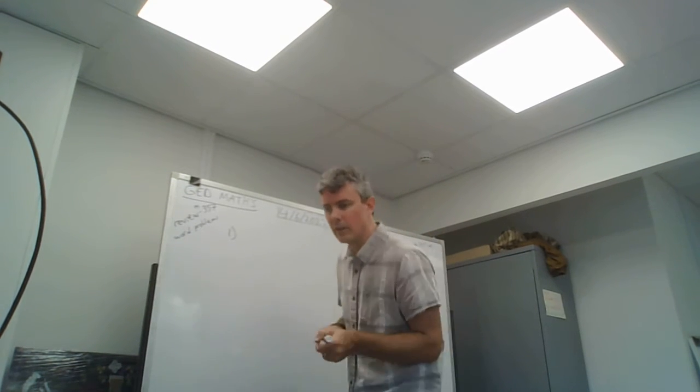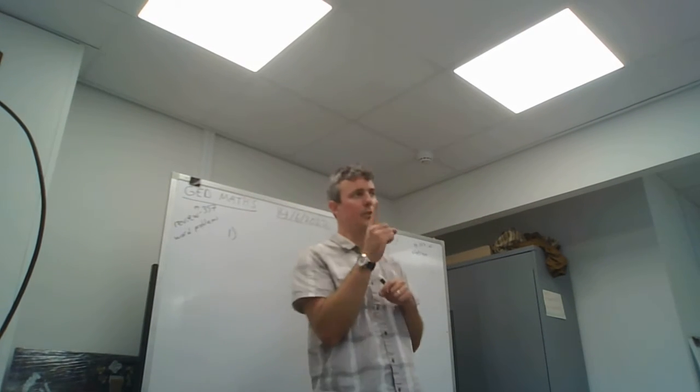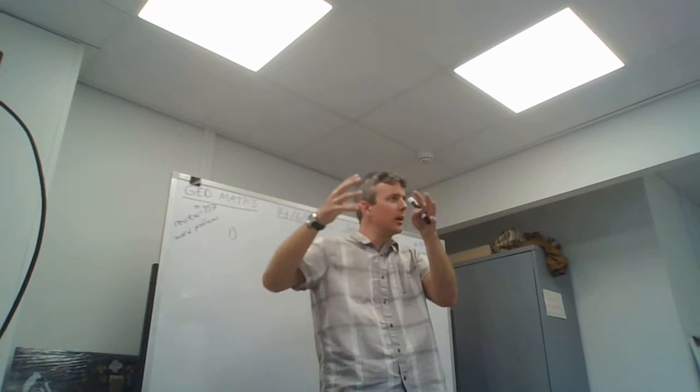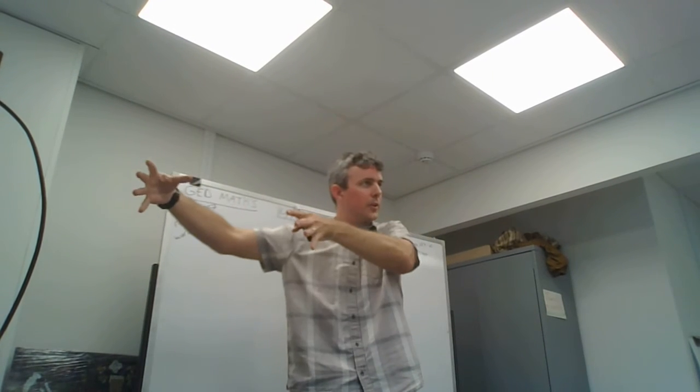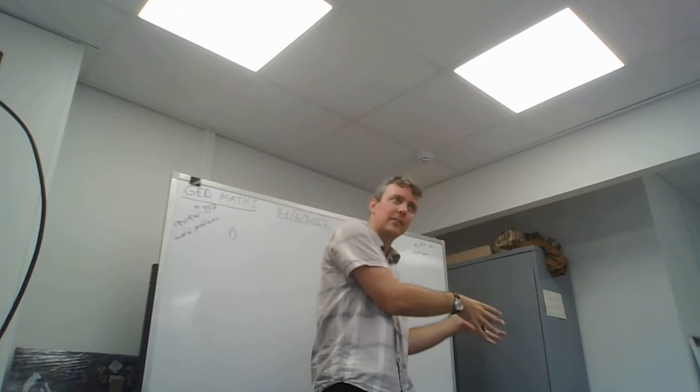This one says the second house is 1,000 square feet less than twice the square feet of the first house. So the first house is going to be x, because the second house is some combination of modifications of the first house. So if we make the first house x, we can write the second house in relationship to the first house.